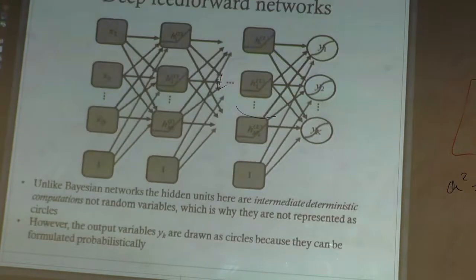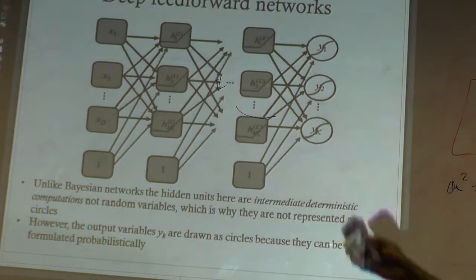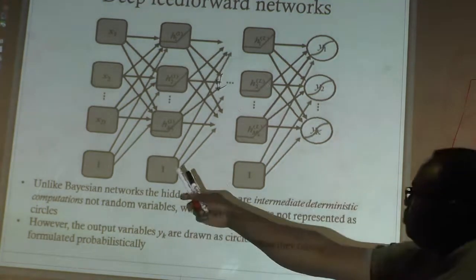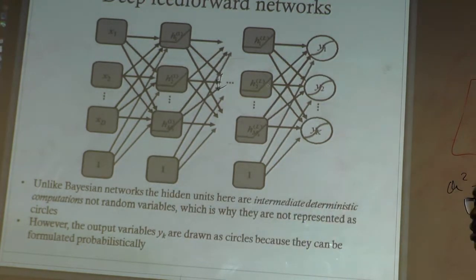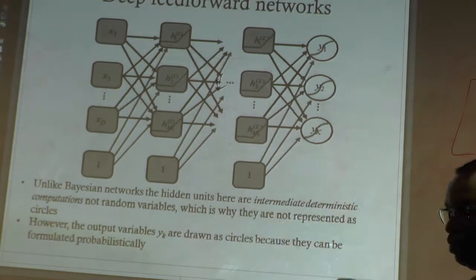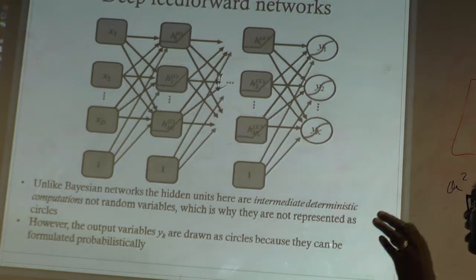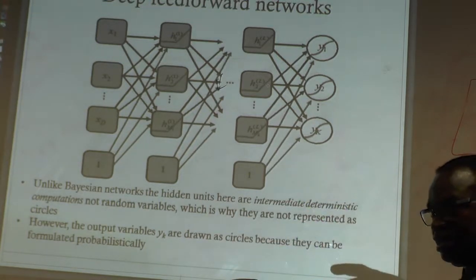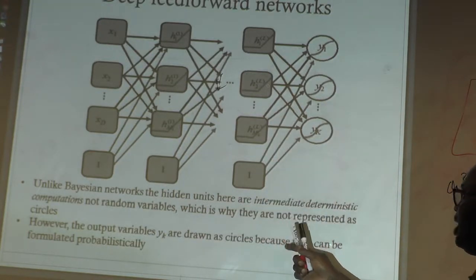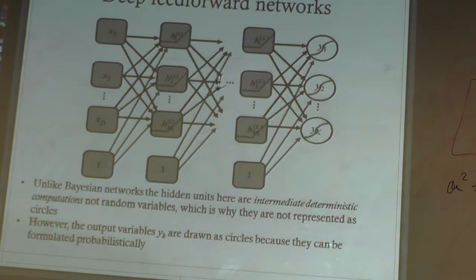Okay? So our deep feed forward network is simply a representation similar to what we have there, in which case you have the hidden layers. But the difference here, compared to Bayesian networks, which are non-deterministic, is that each of these intermediate computations is deterministic.